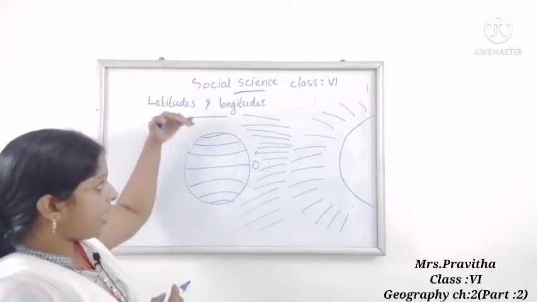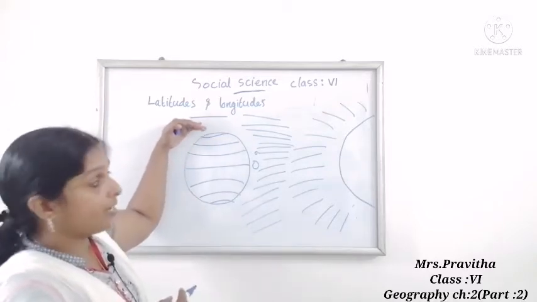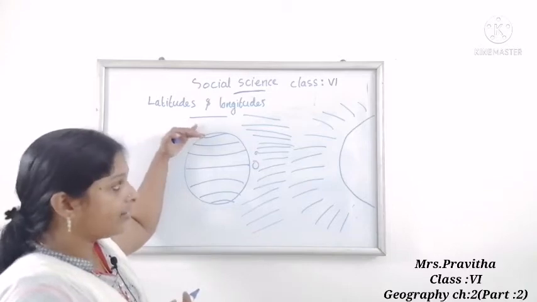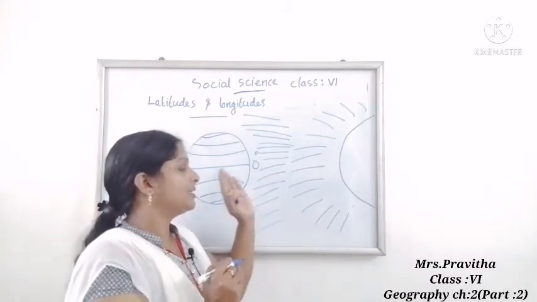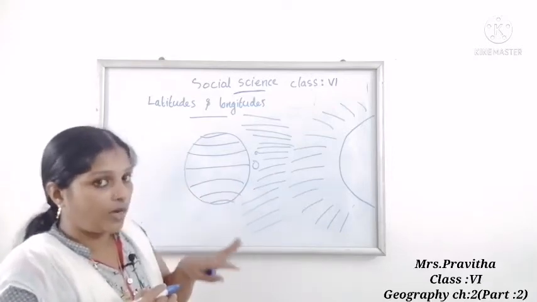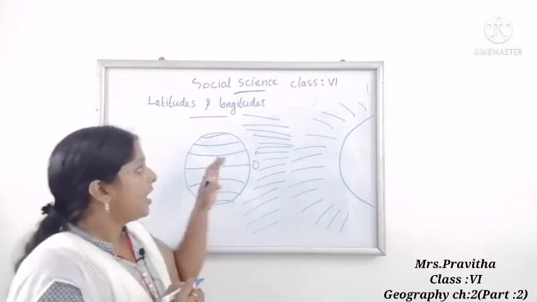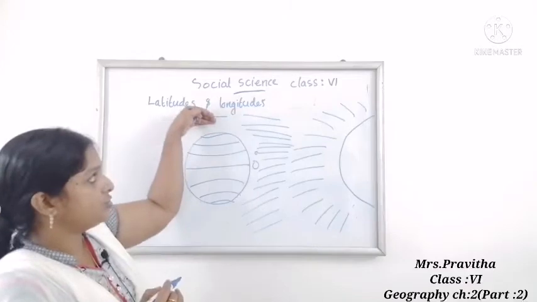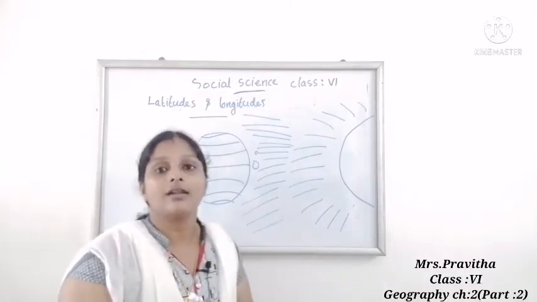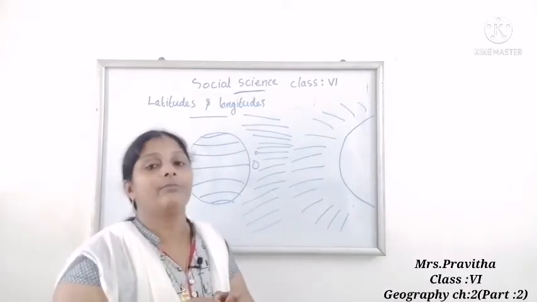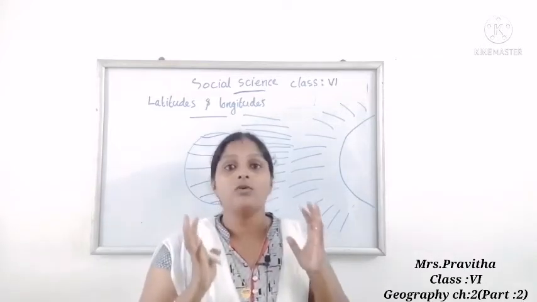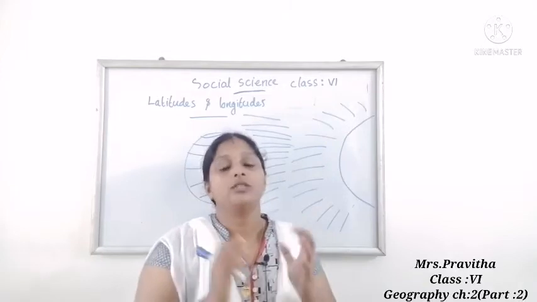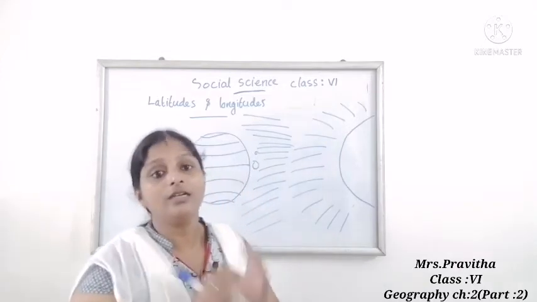At the equator, sunrays fall vertically, and moving towards the higher latitudes, the sunlight is less. So the amount of sunlight each latitude gets will determine the climate of that region.